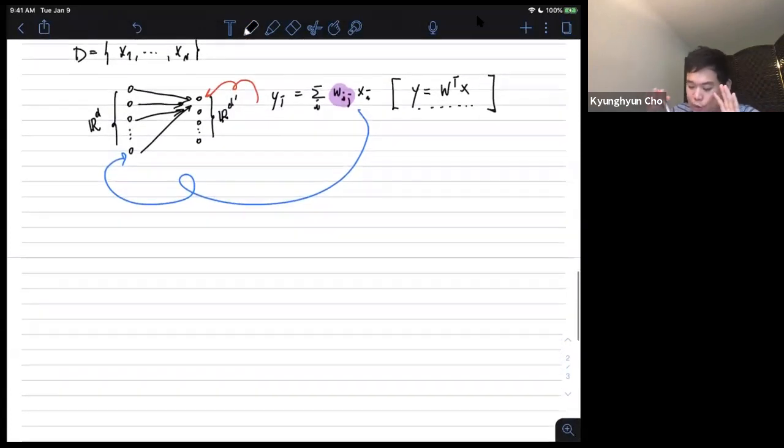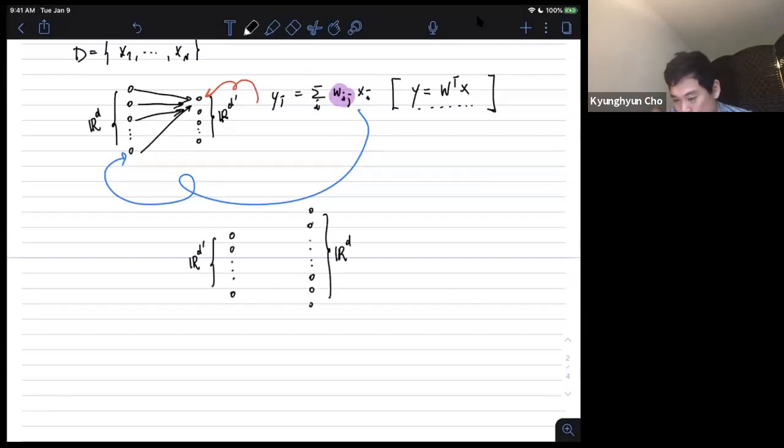And then I'm going to draw the very same thing, but I'm going to simply use different notation here. So we have a d-dimensional input, and then we have a d prime dimensional output, and for each and every one of the output dimensions, the value is computed as the weighted sum of the input.